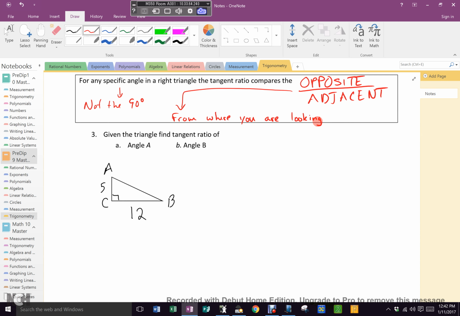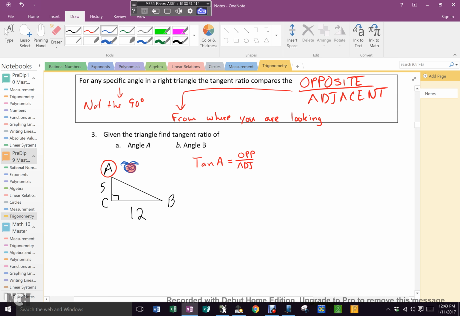Understand? So, right here, where is angle A? It's right there, yes? So I want the tan of A. Tangent is always what? Opposite over adjacent, yes? So when I'm at angle A, and I'm going to draw myself at angle A, there I am.